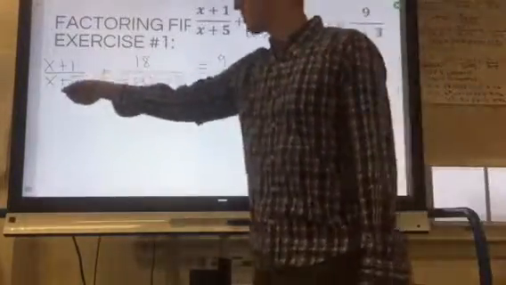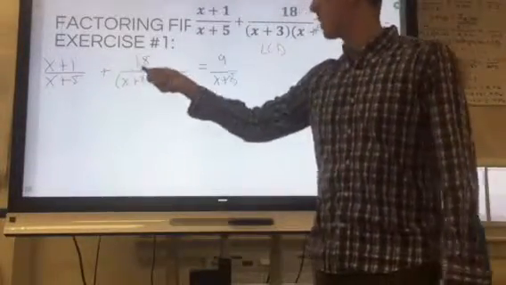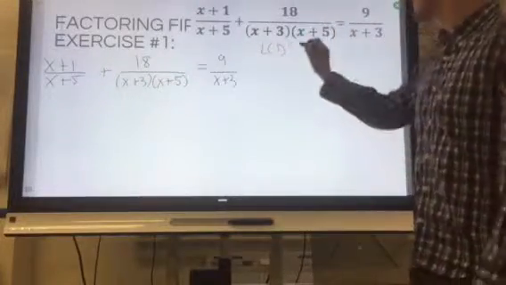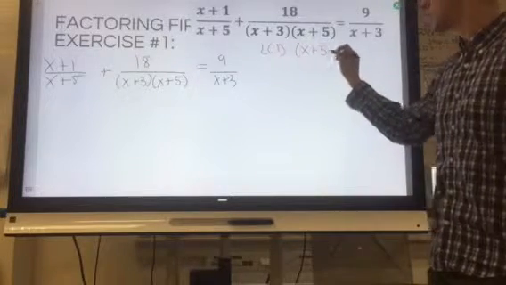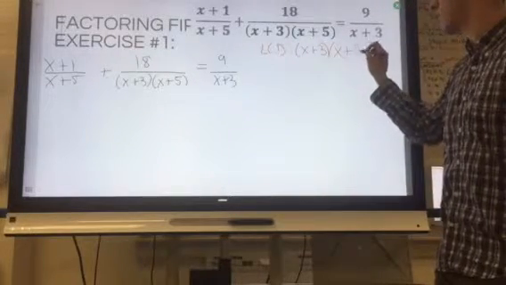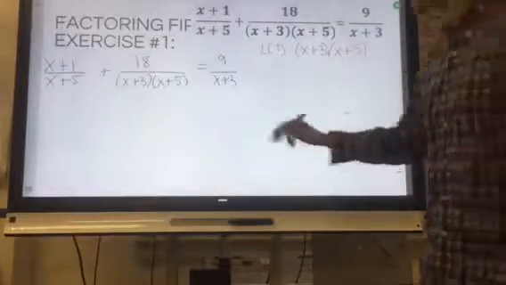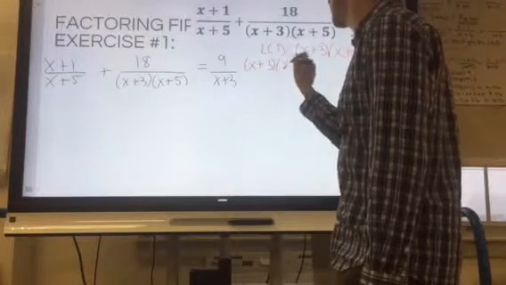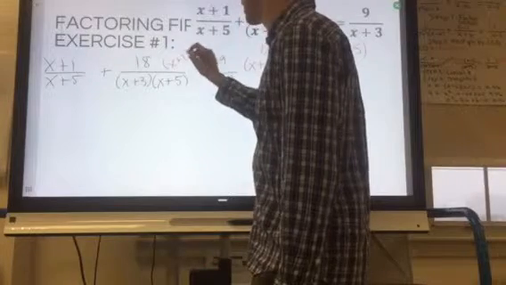So I see x plus 5, I see x plus 3, and in this denominator, I see both x plus 3 and x plus 5. So that tells me my least common denominator is the quantity of x plus 3 times the quantity of x plus 5. And I'm going to multiply every single fraction by the least common denominator. And what I'm going to do when I do this is I'm going to eliminate every single denominator that I see.